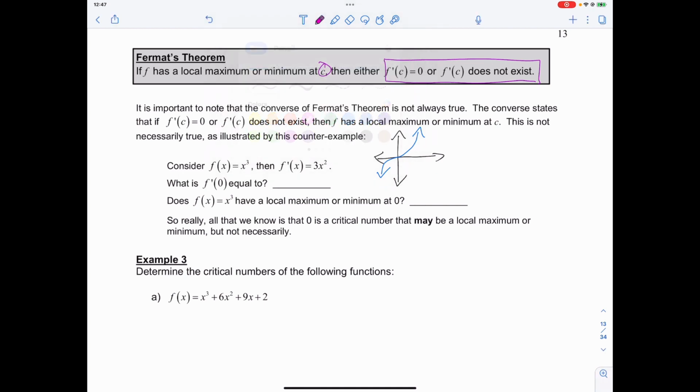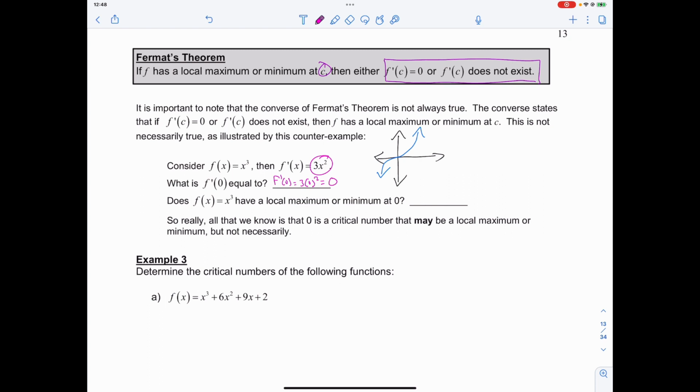If I take f of x is equal to x cubed, then f prime of x is equal to 3x squared. If I replace x with 0, then f prime of 0 is going to equal 3 times 0 squared, which is still just equal to 0.